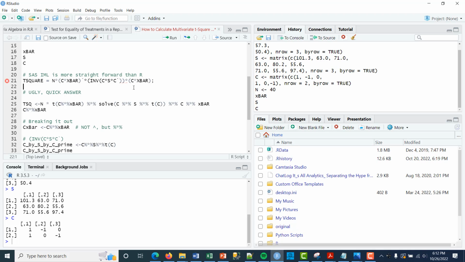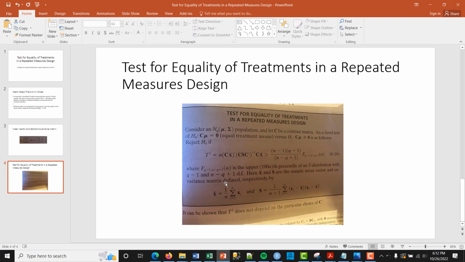So that would be the simple math. In fact, I can show you what that would look like real quickly. This is the formula right here. We're calculating t squared right here, and this is that formula.